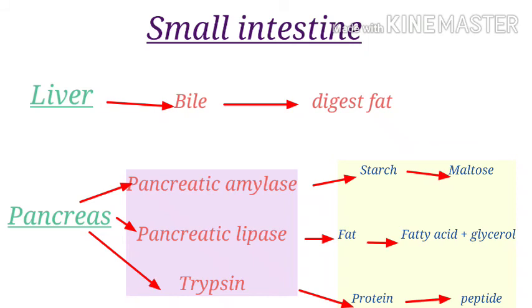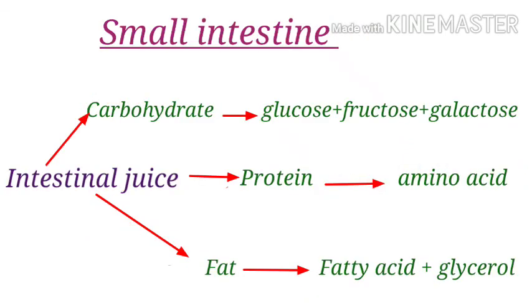Pancreatic amylase converts starch to maltose, trypsin converts protein to peptide, and pancreatic lipase converts fat to fatty acids and glycerol. The intestine also secretes intestinal juice which contains different enzymes for the digestion of carbohydrate, protein and fat.